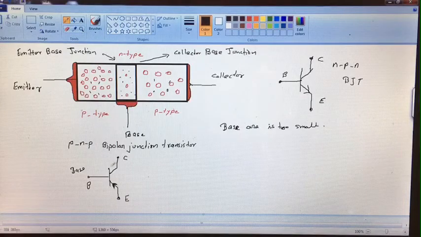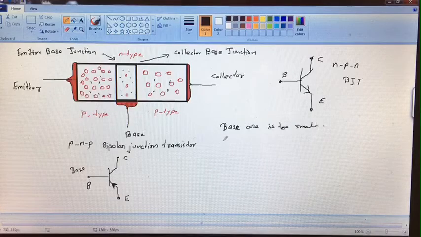Now, we are going to discuss the operation of the transistor. There are PNP and NPN transistors, so it is difficult to decide how to bias that transistor.